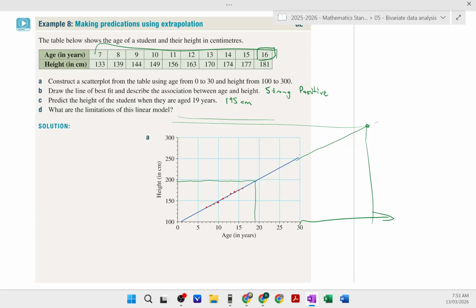So what we need to look at is when we're doing things like this, there is a limitation to this linear model in that using it to extrapolate too far out is not going to give us realistic results.